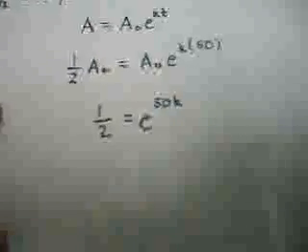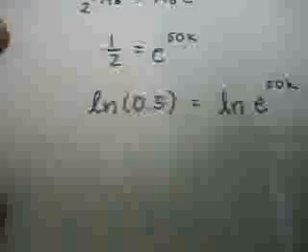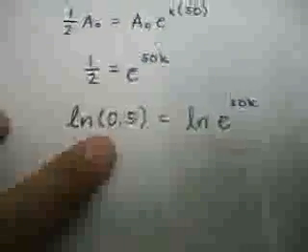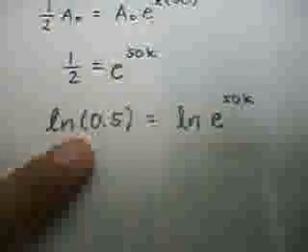Since we're looking for k, we need to bring it down. And to do that, we have to apply natural logarithm to both sides in order to cancel e. So doing that, I just converted 1/2 here into 0.5, since they're still equal. So we have ln of 0.5 equals ln of e raised to the power of 50k.